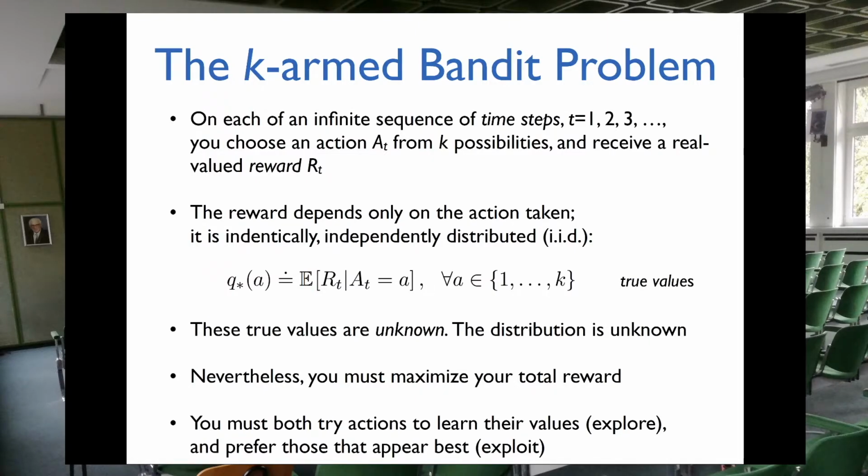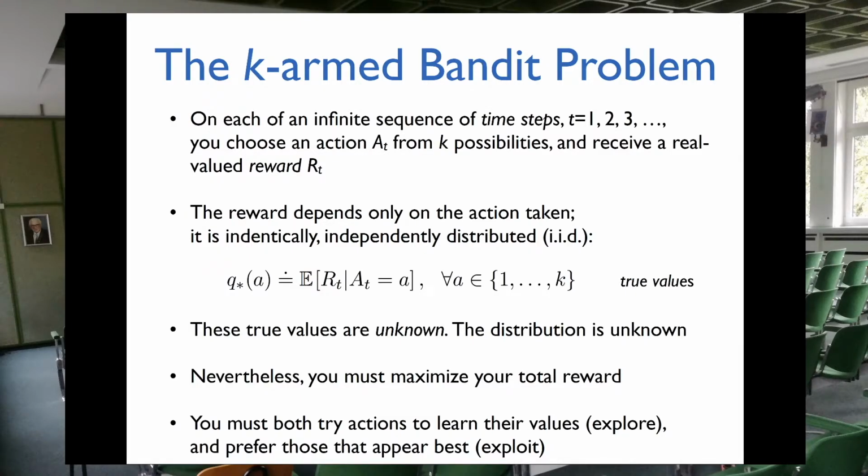So you need to play actions just to learn what kind of rewards you are going to get. And also you need to play actions in order to exploit or take advantage of the information that you have already gathered through the exploration actions.